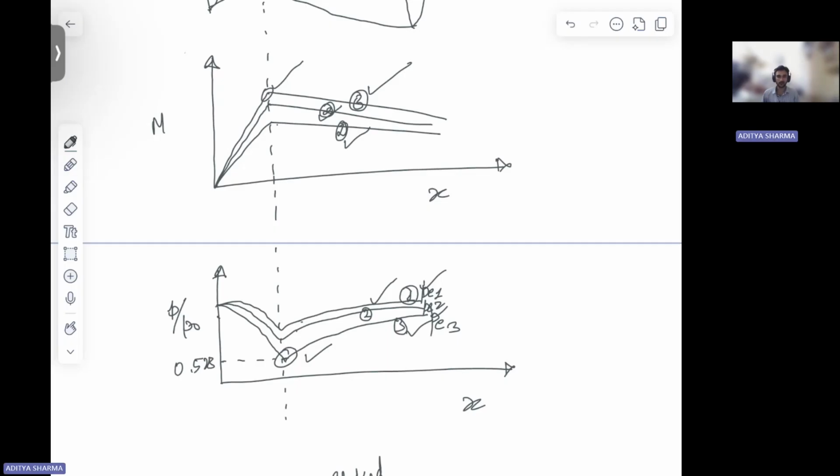Above that pressure, your flow is not going to be choked, even if you have some minimum area in your CD nozzle.